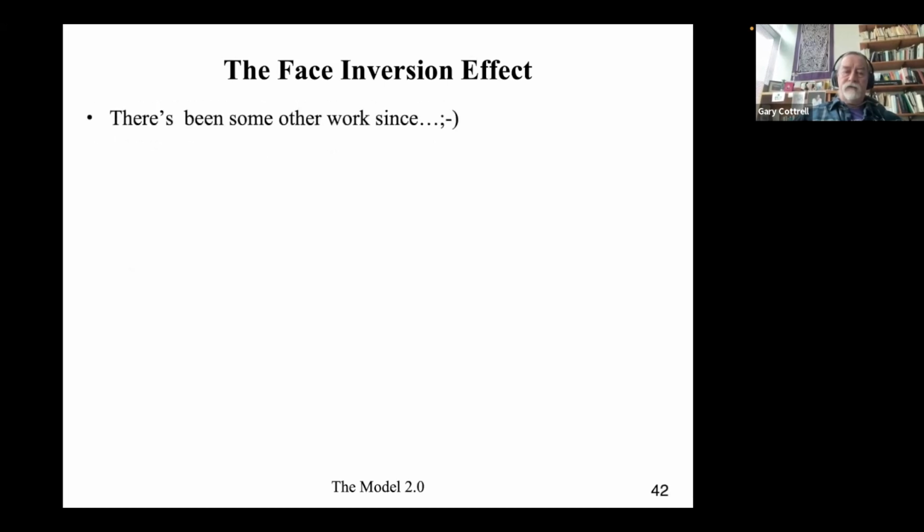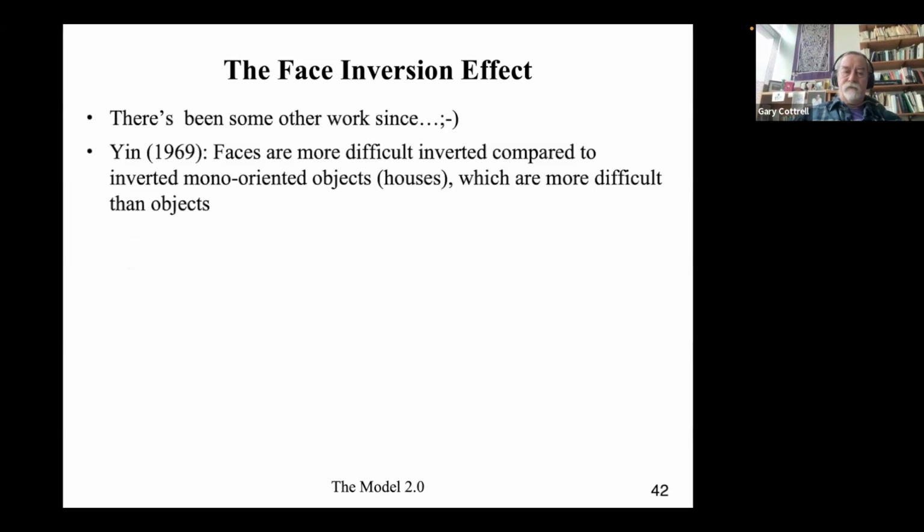So there's been some other work since. One of the ones that is a touchstone for us is Yin's experiment in 1969, where he did recognition experiments with faces, houses, and airplanes.